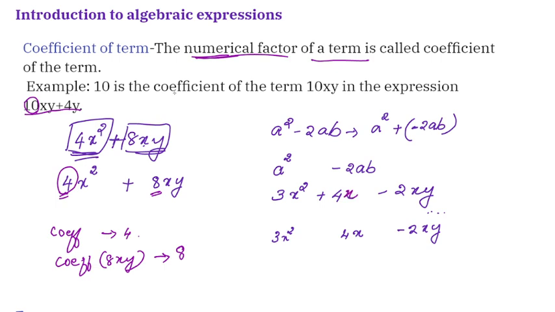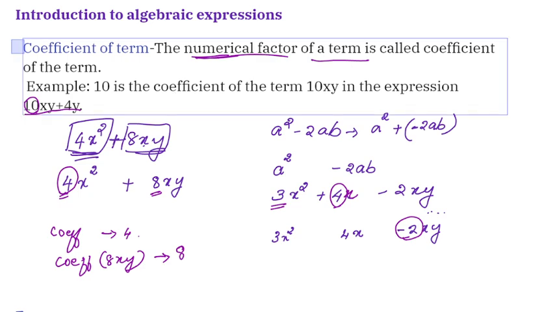So here in this term, 3 is the coefficient, right? So here it is nothing but 4. What is the coefficient here? Yes, here the coefficient is minus 2. Understood?